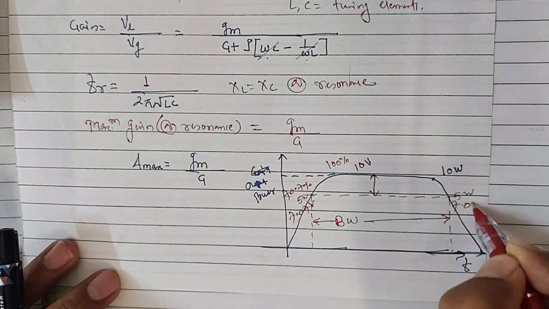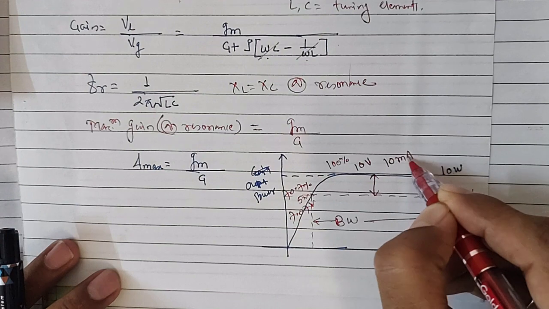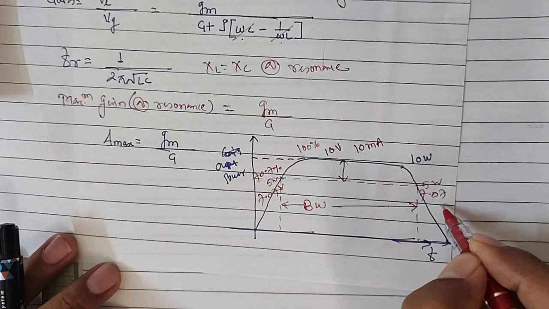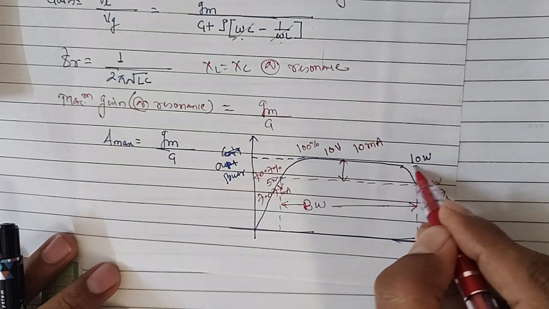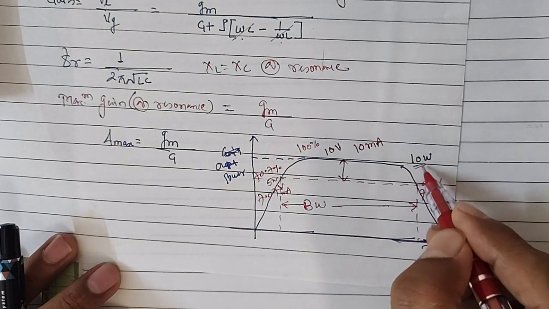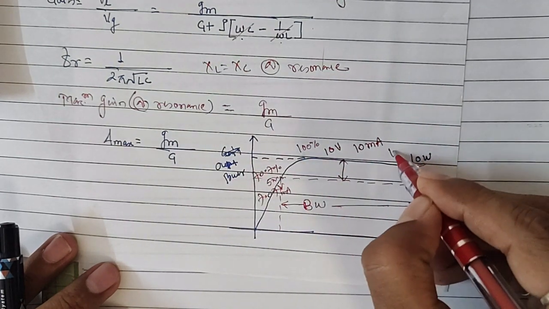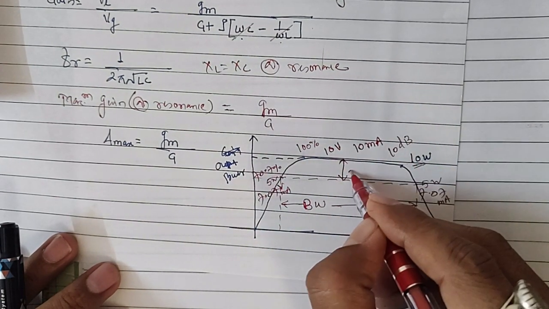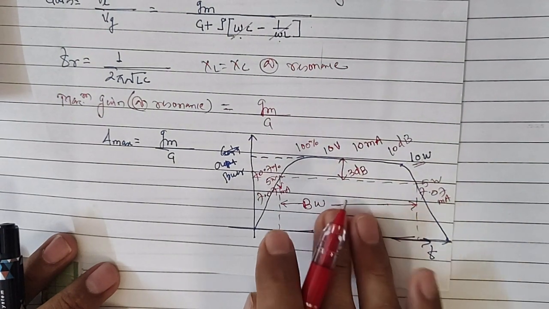That is 70.7% of that. If it is current, 10 milliampere, again it is 7.07 milliampere on either side. If it is power, it has to be half. If it is a dB signal, let us say you have a gain of 10 dB, you have to take 3 dB down. So all these things are the same.